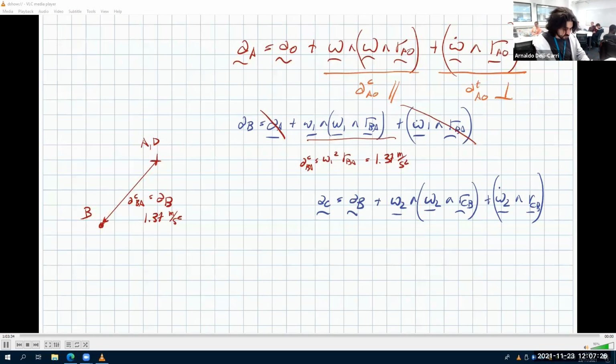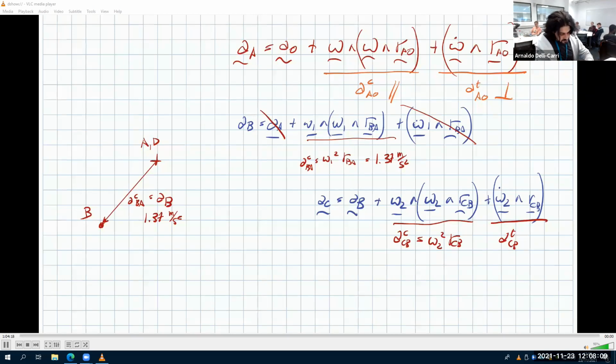This one we can calculate very easily: the centripetal acceleration of C with respect to B, which is omega 2 squared times RCB, a number because RCB is given and omega we found earlier. And this one is unknown, but we know that ATCB is perpendicular to RCB. That's the idea.